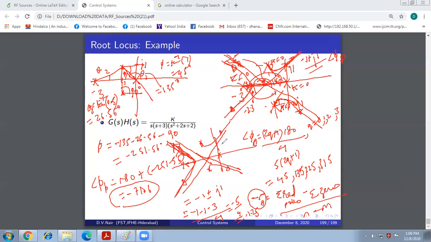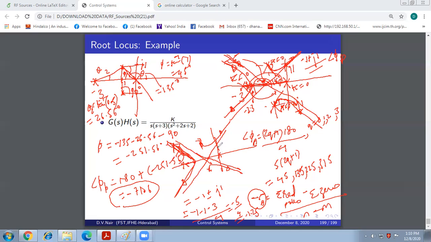All four are moving to infinity in different directions, and the direction of movement is given by the four asymptotes. So we see that these two branches never move into the right half, but these two branches which originate at the two complex poles enter the right half after a certain value of gain k.